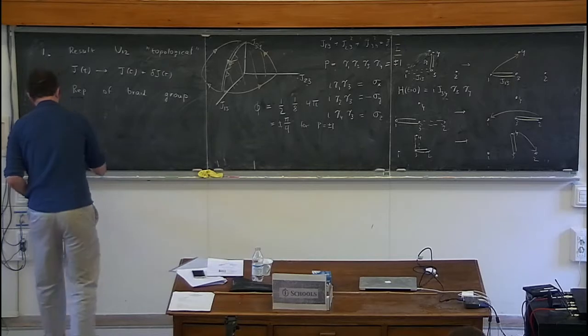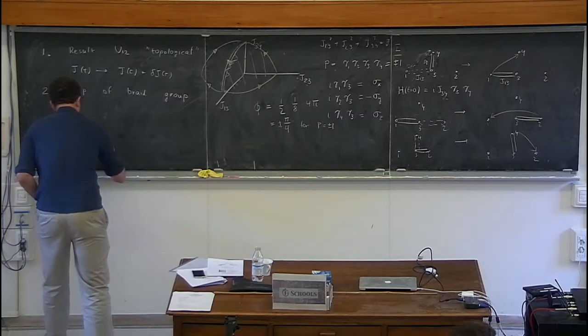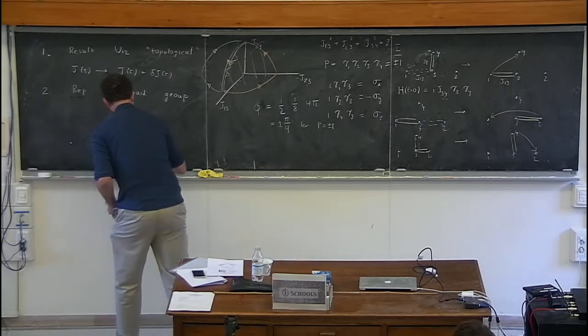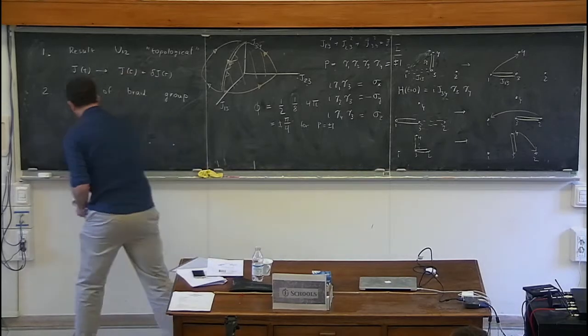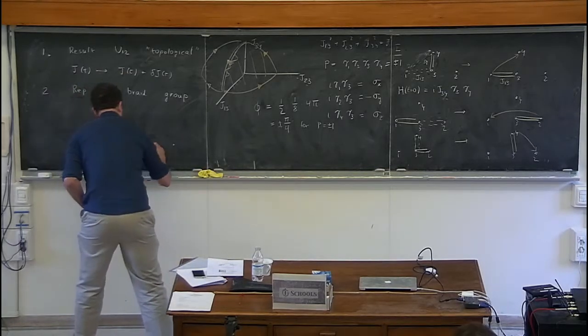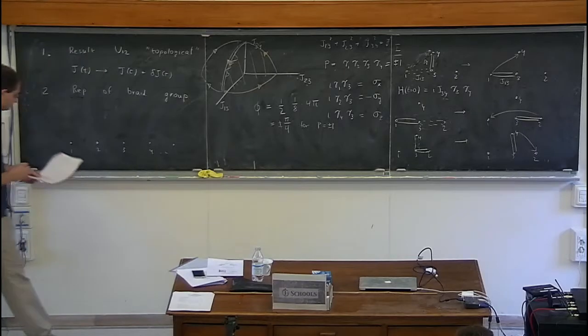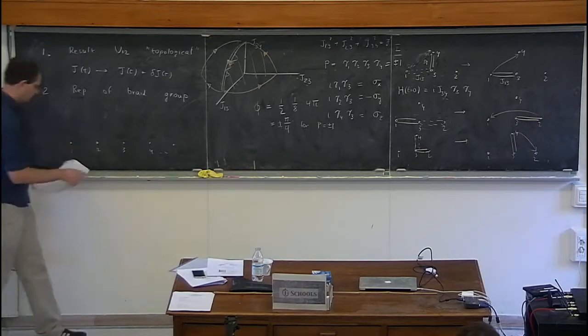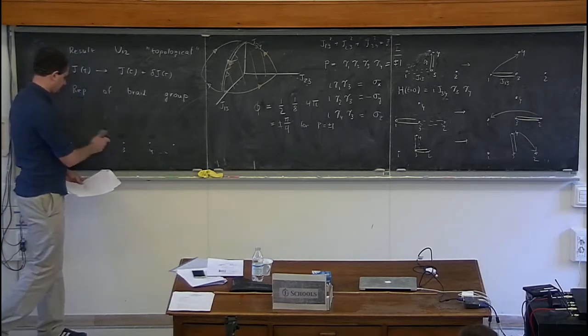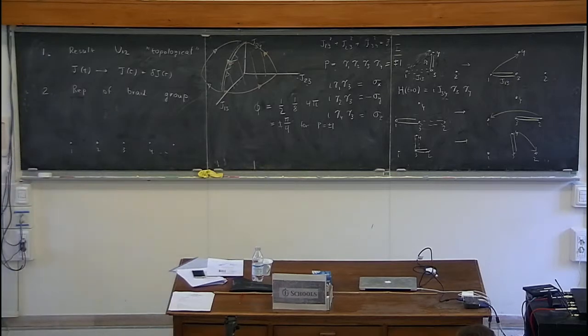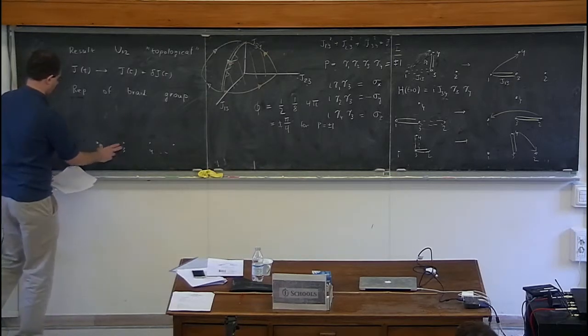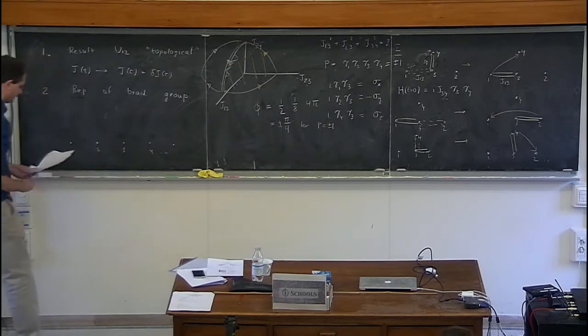The braid group is defined on some objects which are ordered on a line: 1, 2, 3, etc. And you can braid consecutively every nearest neighbor pair.